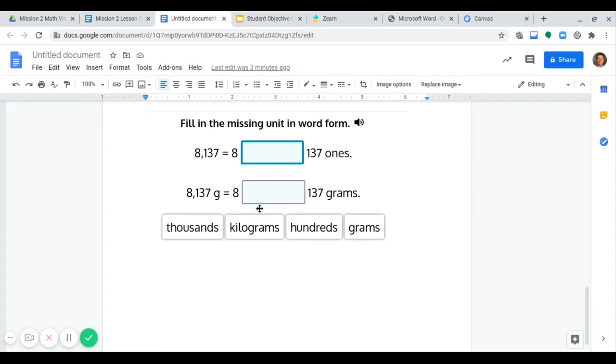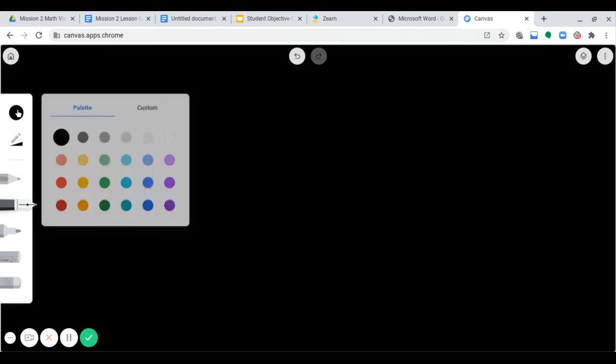Then the one right below it, for grams: 8,137 grams equals 8 what and 137 grams. This is where we have to think back to our conversions. 1 kilogram equals how many grams?